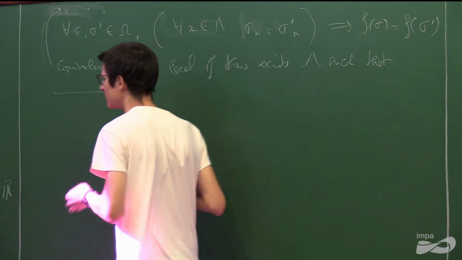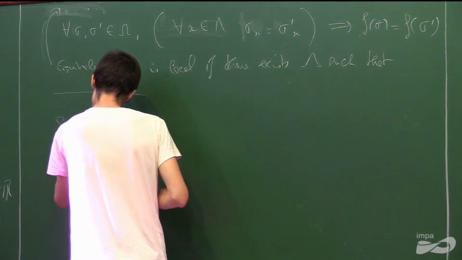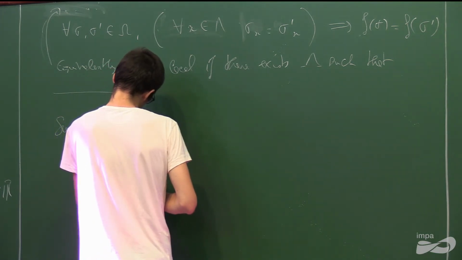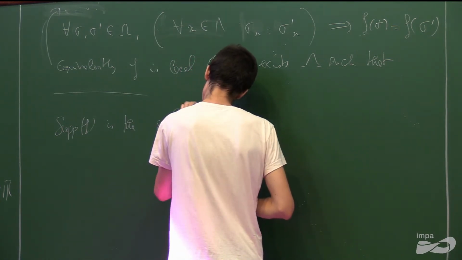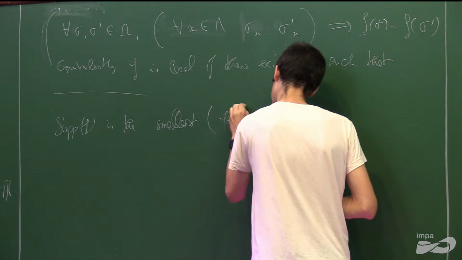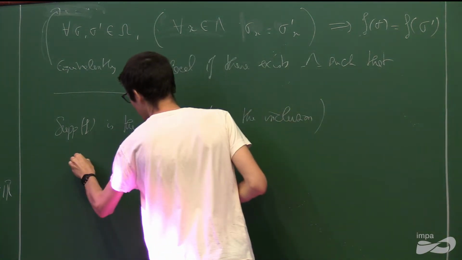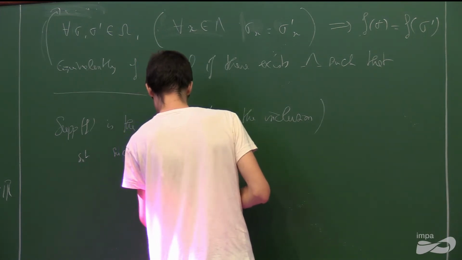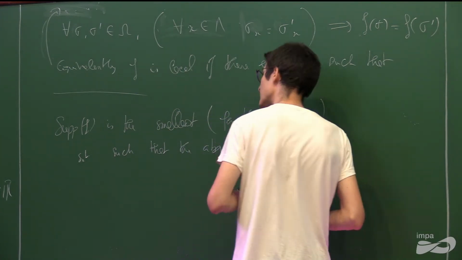And now I call the support of f the minimal possible choice of lambda here, the smallest.